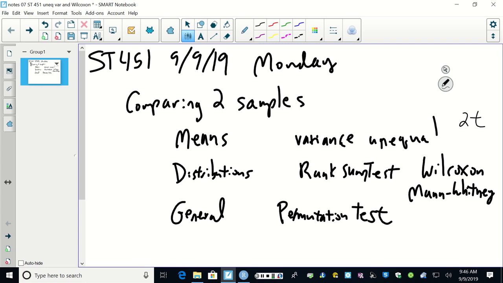That's also useful if there's outliers, right? So our data are not quite normal, but have a few more extra large or extra small points, so they're outlying. And there's also this idea of a permutation test. It's a way to generally look at distributions and how they compare, right? And so we'll look at these different procedures.